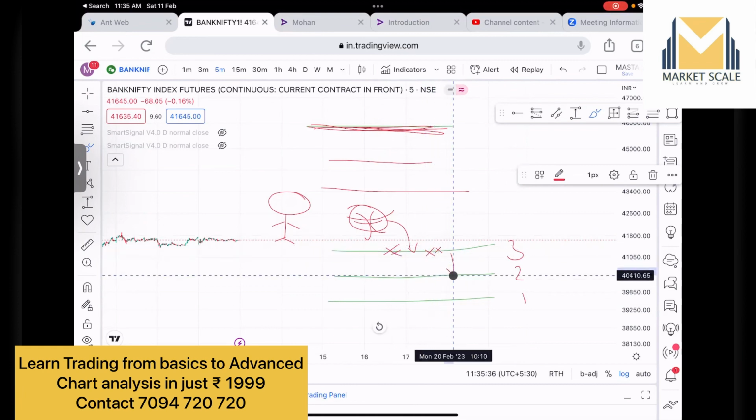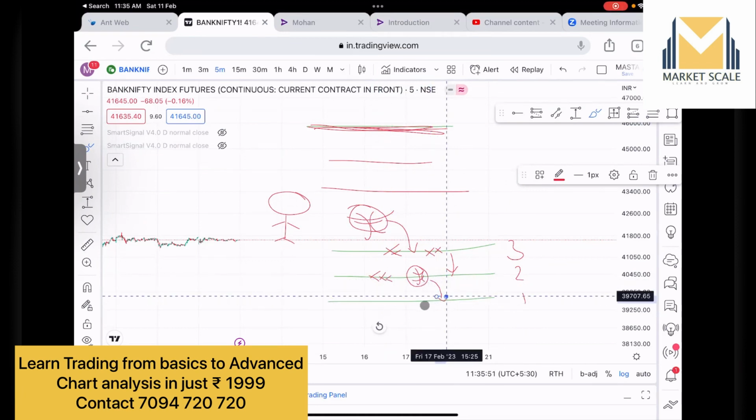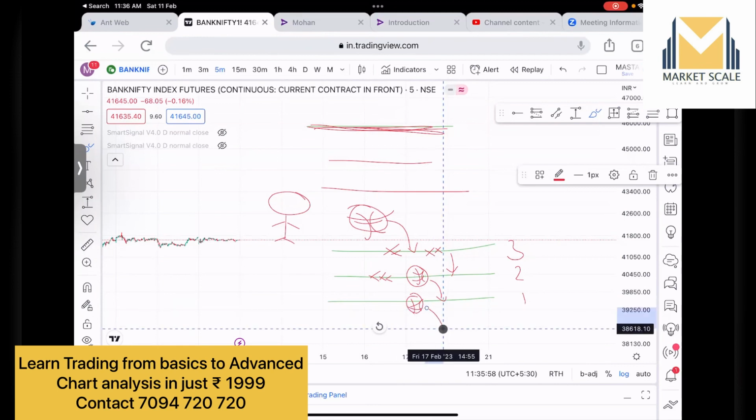At the second floor, if the floor is weak and the ball has force, it will reach the first floor. Then if the ball still has force, it will come to the ground.